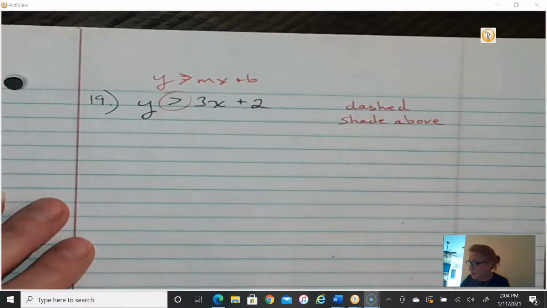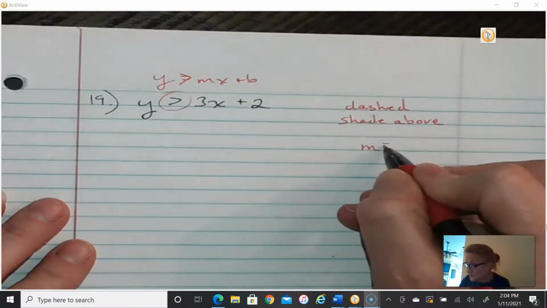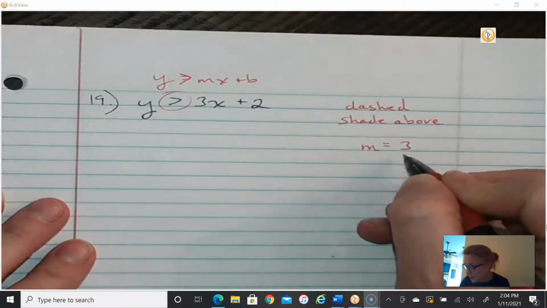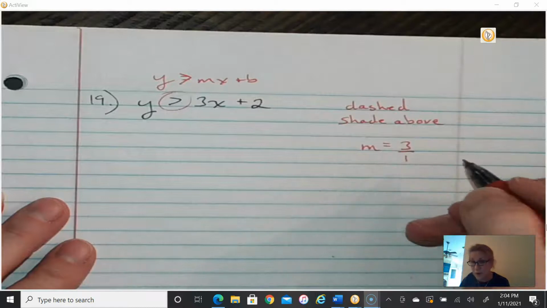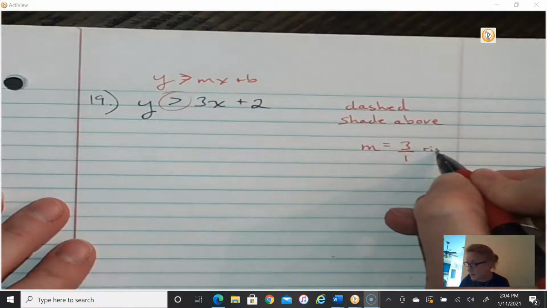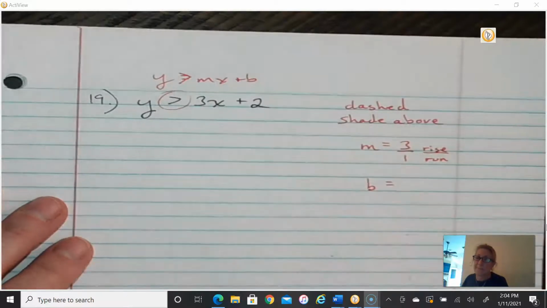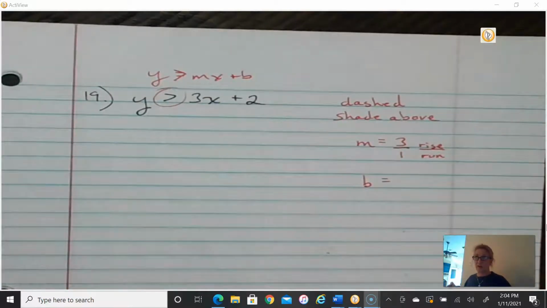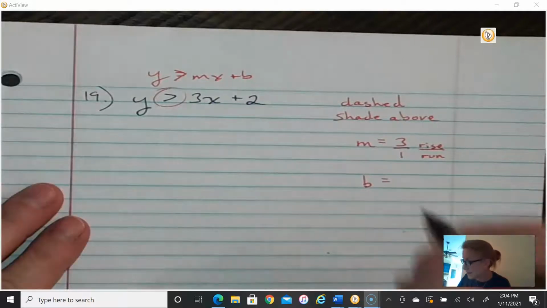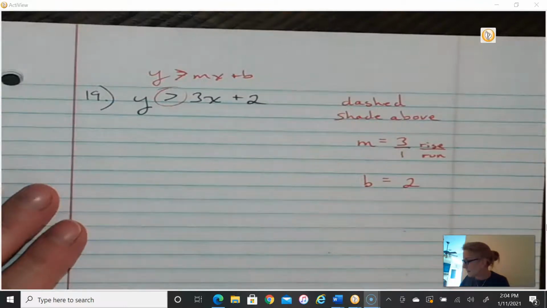Question, what is your slope? It's 3 over 1, because you want that rise over run. And what is your y-intercept? Where the graph line crosses the y-axis? That's right, it is 2. All right, let's get going.